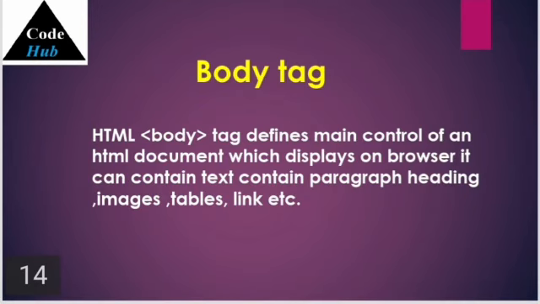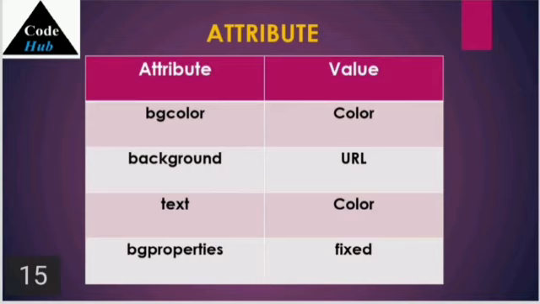Next is the body tag. The body tag defines the main content of the HTML document which is shown in the browser. It may consist of headings, images, tables, links, videos, etc. Body is generally the second element after the head tag. Attributes of the body tag. Bgcolor, it specifies the background color. Second is background.